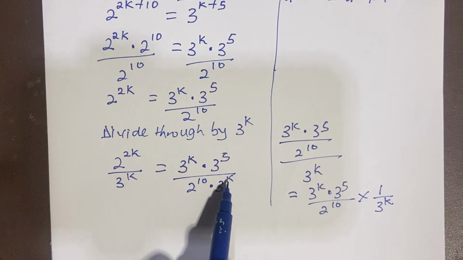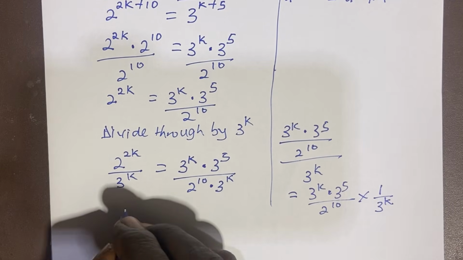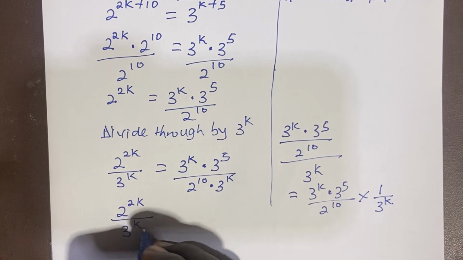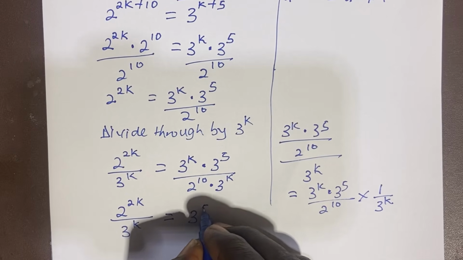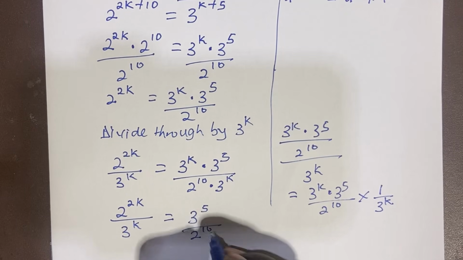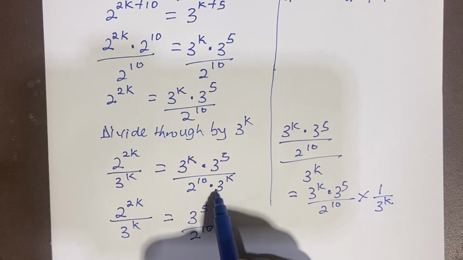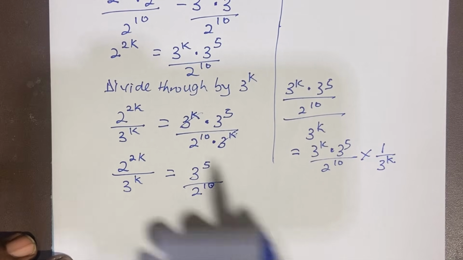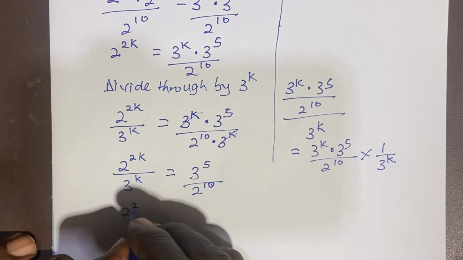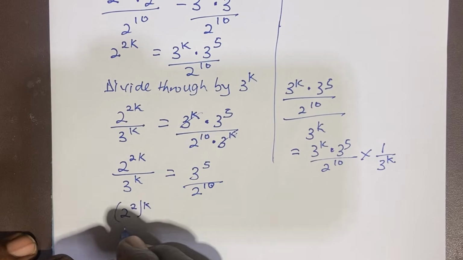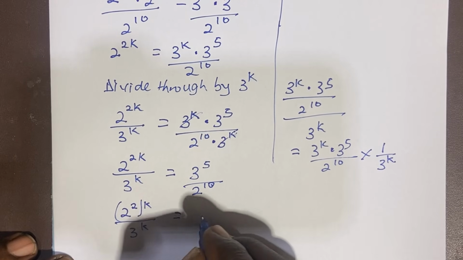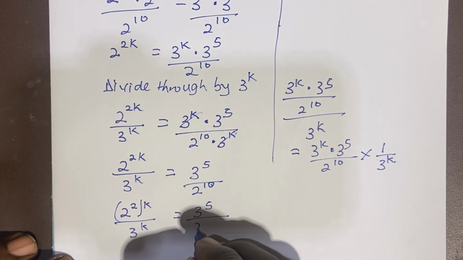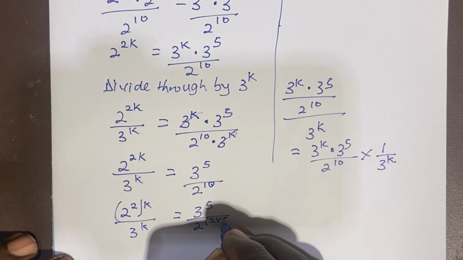So this gives us the result we are seeing over here. This 3 to the power k cancels this 3 to the power k here, leaving 2 to the power 2k over 3 to the power k is equal to 3 to the power 5 over 2 to the power 10. This is the same as writing 2 to the power 2 all to the power k over 3 to the power k is equal to 3 to the power 5 all over 2 to the power 2 times 5.